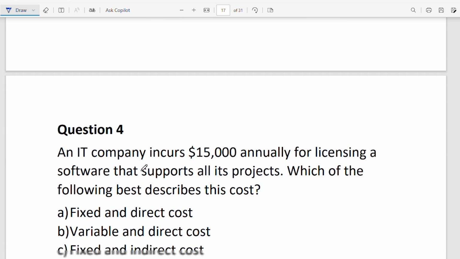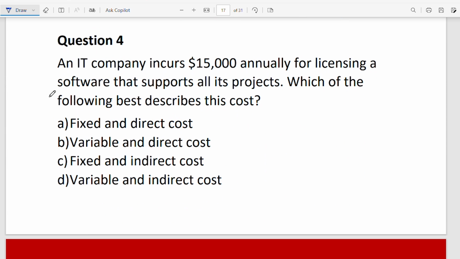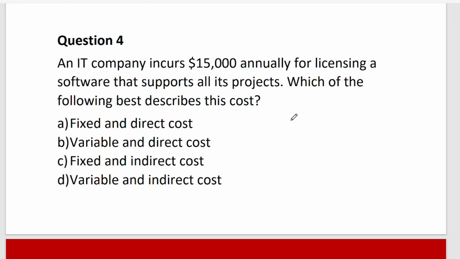An IT company incurs $15,000 annually for licensing a software that supports all its projects. Which of the following best describes that cost? That is an interesting one, because they're using a software and paying every year for it. That makes it a fixed cost.